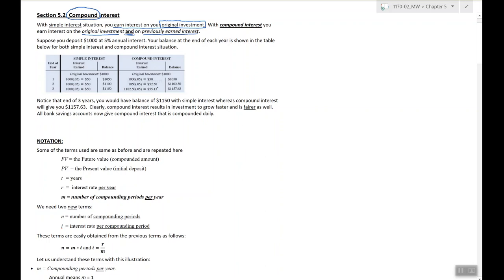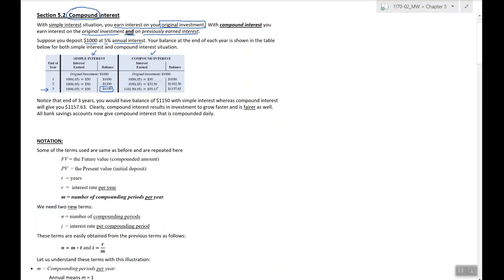So now let's look at an example of how it differs. Suppose you deposit $1,000 at 5% annual interest. Now your balance at the end of each year is shown in this table for both simple interest and compound interest. So this is the table for simple and this is the one for compound. Now if you look at end of year 3, you will notice that your bank balance would be $1,150.